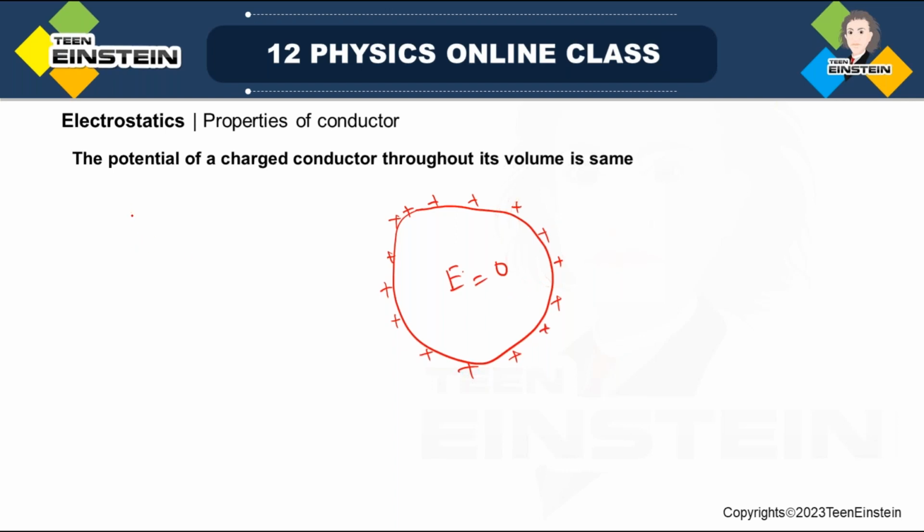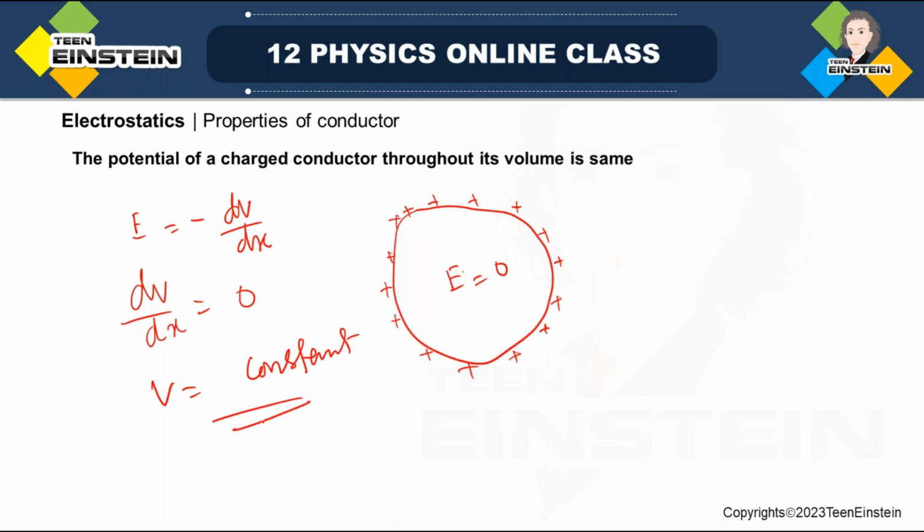We know electric field is minus dV/dx. Now the left side is zero, that means dV/dx is zero, which means V is constant. So inside, everywhere the electric field is zero and the potential will be constant throughout.